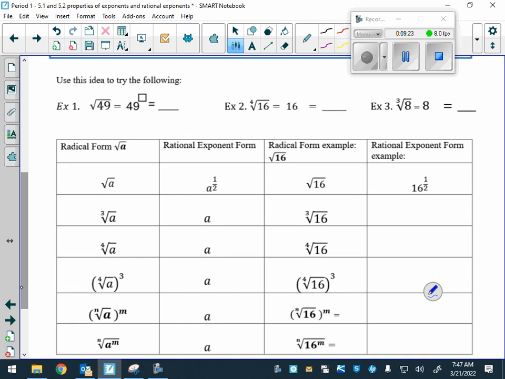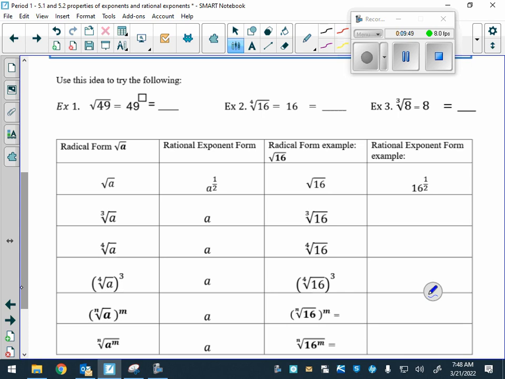Okay, so this is where we get familiar with the fractions as exponents. I was giving you the packet, that's why, before I asked if you printed the whole thing. Here you go.